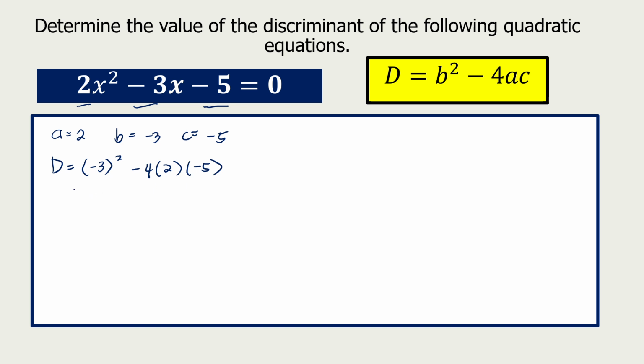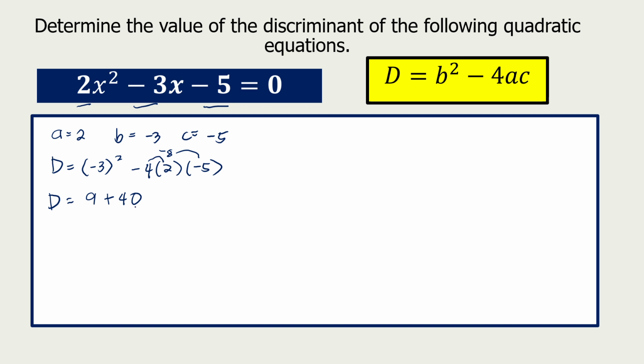And then simplify it. We have d equals the square of negative 3, that is positive 9. And then negative 4 times 2, negative 8. Negative 8 times negative 5, that is positive 40.